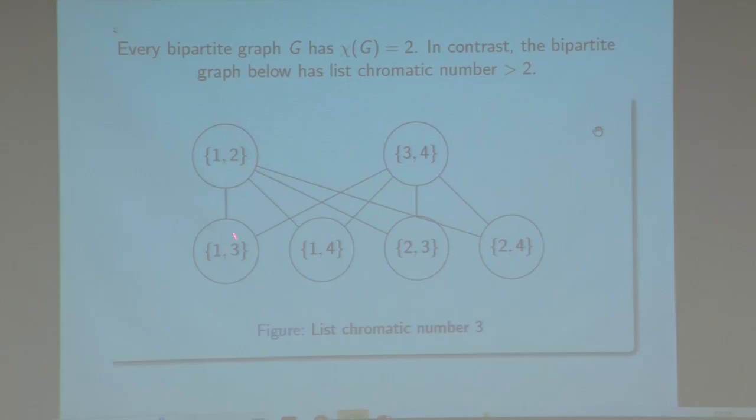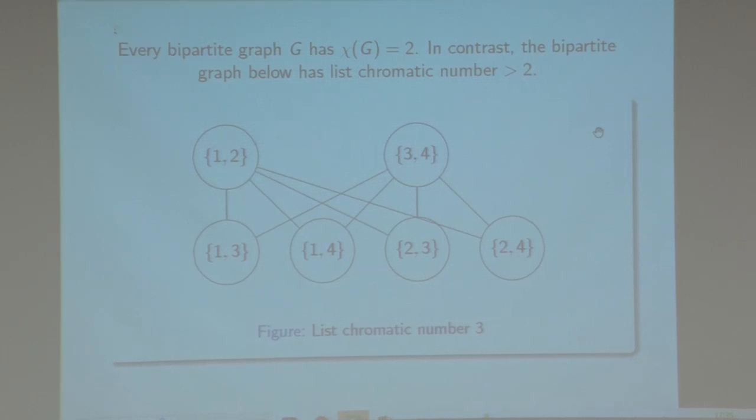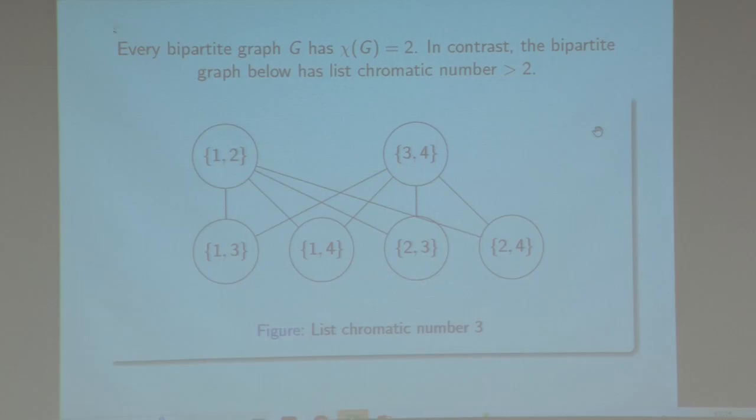Now there is a problem: I cannot really choose a color for this vertex at all. This is the same thing if I give color 1 here and 4 here, because there is a vertex present there. Okay.